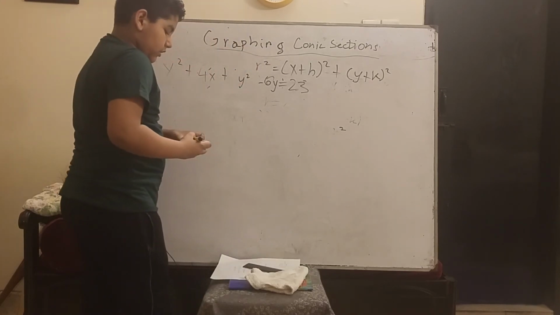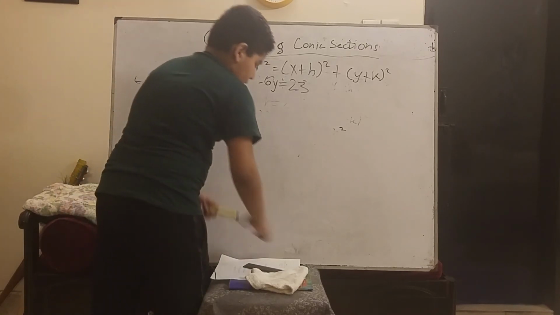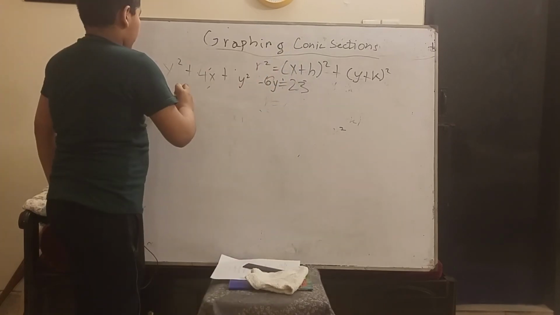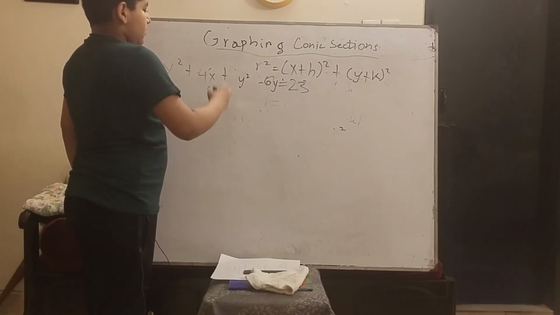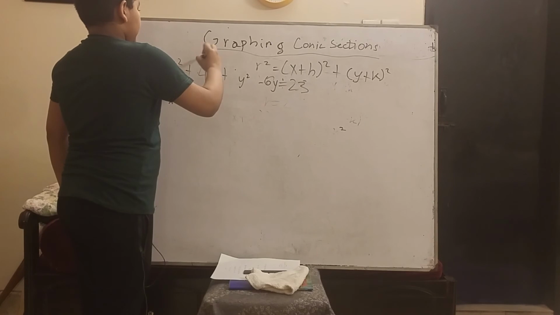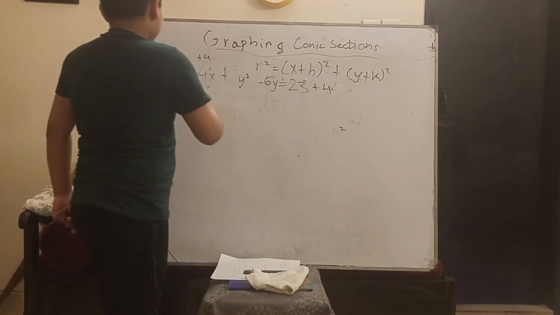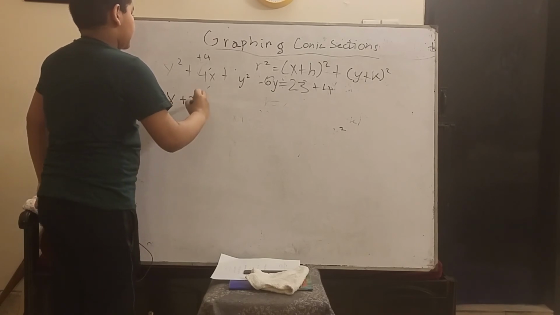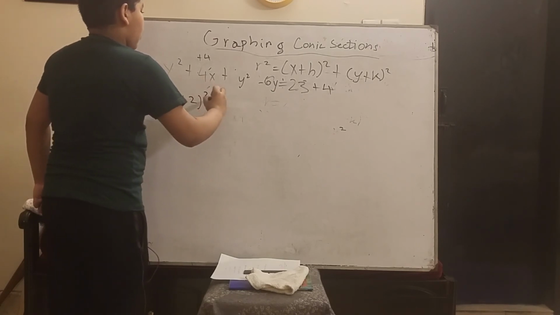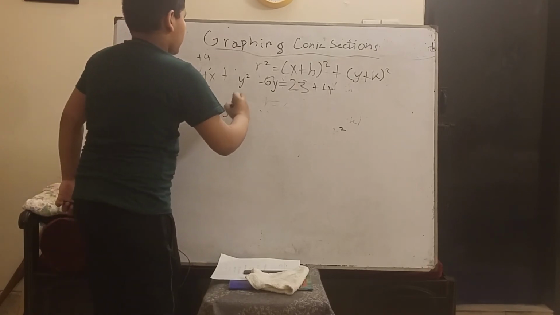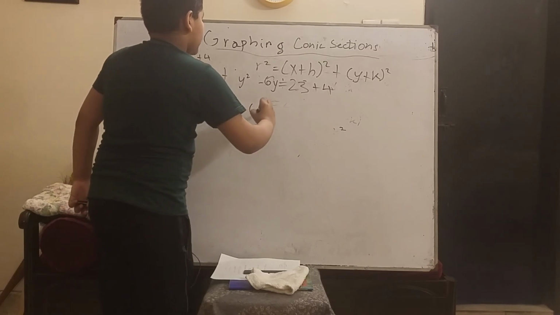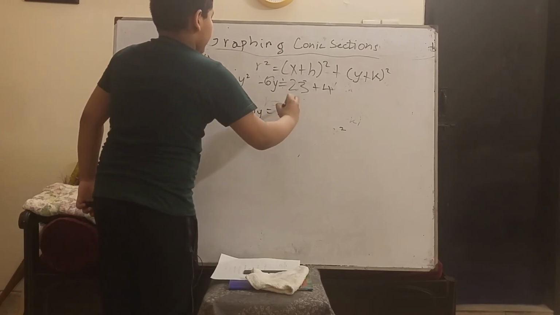Now let me use another marker because this marker is running out of ink. So if we add 4 here, this will be a perfect square. Remember to add 4 to the other side. So this will be now x plus 2 quantity squared plus y squared minus 6y equals 27.